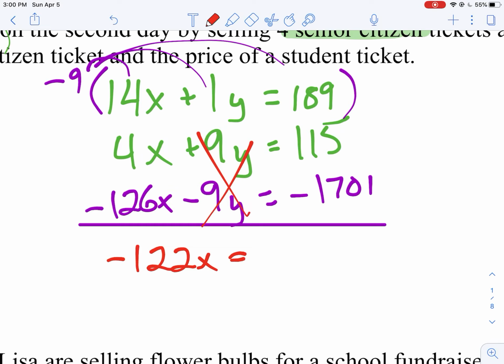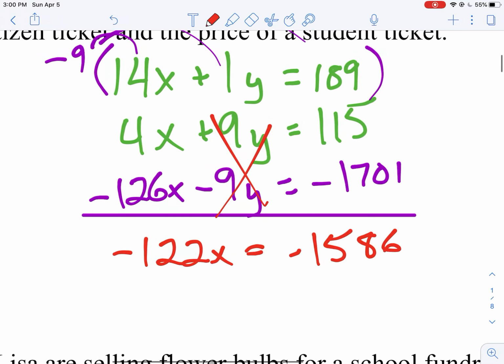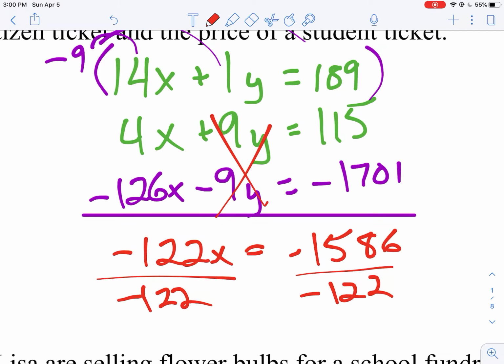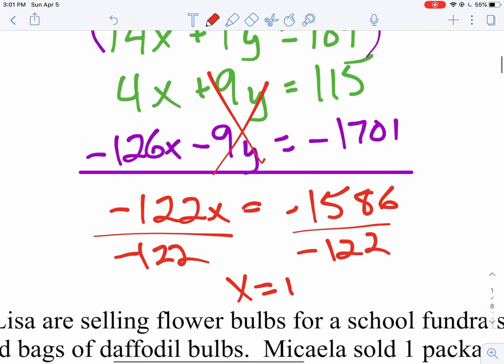All right, let's try negative 1701 plus 115. Negative 1586. Now my last step is to divide, and since I'm dividing a negative by a negative, I will get a positive answer, which is nice. Divided by negative 122, so x is 13.